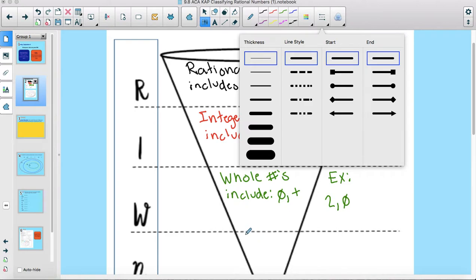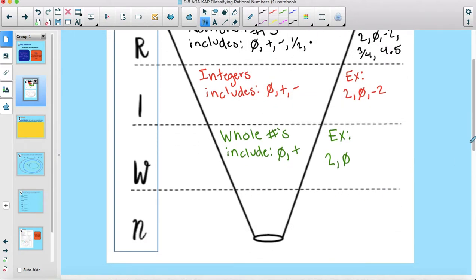And our last section, the N, stands for natural numbers. And natural numbers include positive numbers.